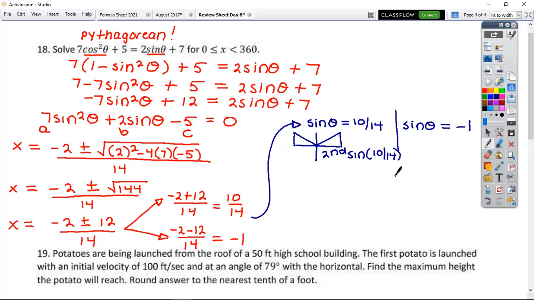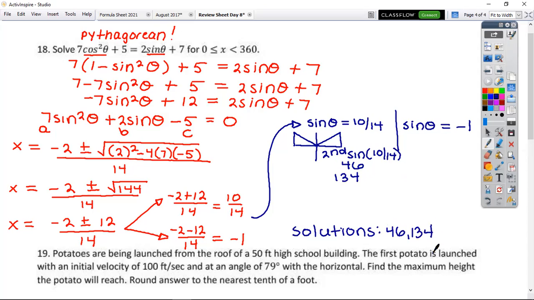Second sine of 10 over 14 is like 46. So reference angle is 46, and that's actually your first answer. So then I'm going to go 180 minus 46, and that is equal to 134. So far, you know 2 solutions that are 46 and 134.